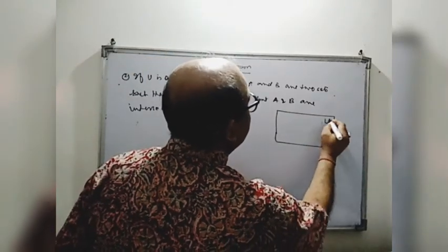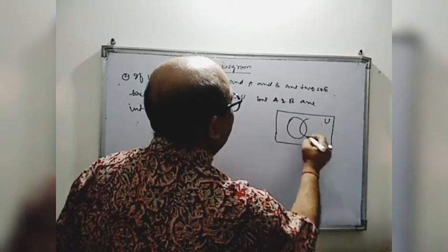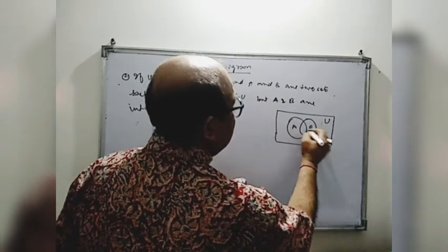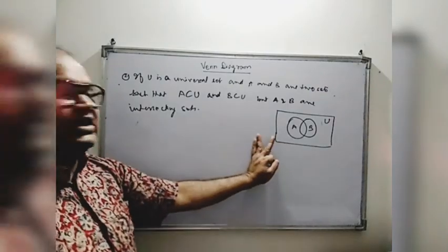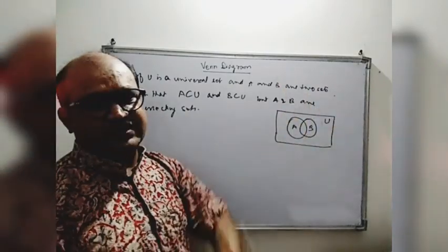This is the universal set. A and B are intersecting. This is A, this is B. This is how we represent two intersecting subsets of universal set.